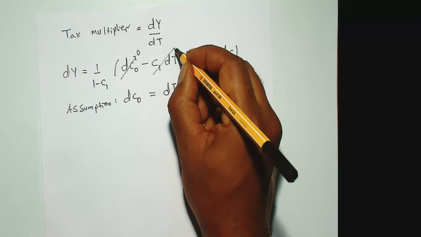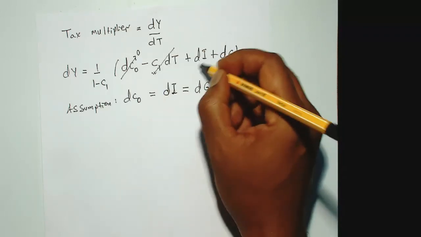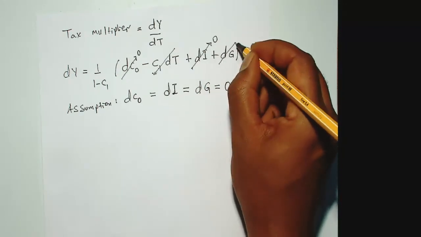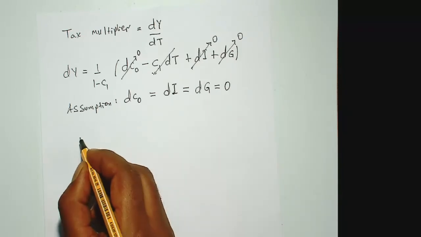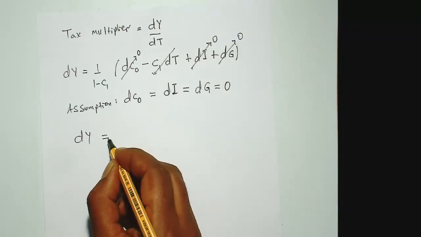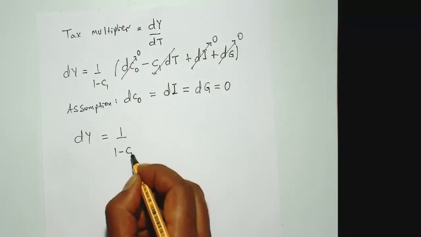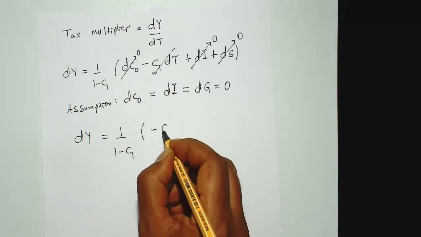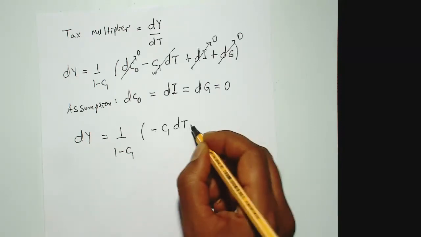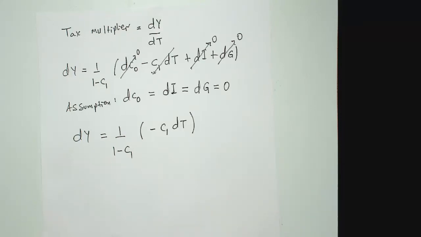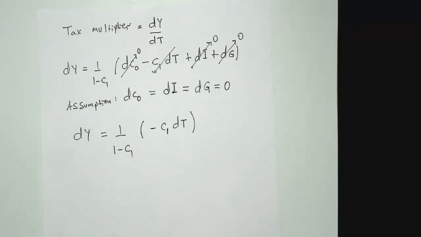If I put dC0, dI and dG as 0, I would have a formula which is minus C1 dT, and the rest is changed to 0.